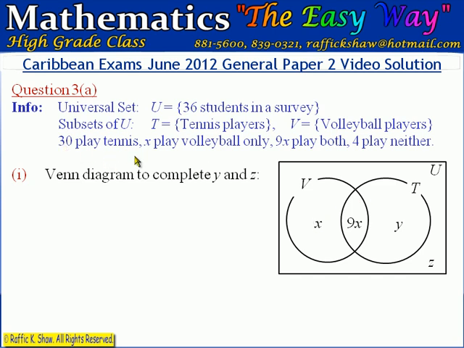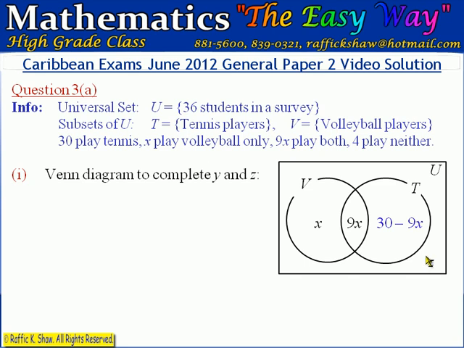Then we are told that 30 students play tennis, hence the total in this tennis subset must be 30. And if we have 9x here, it means that y must be 30 minus 9x. So we can show that y is 30 minus 9x. We are also told that 4 play neither.